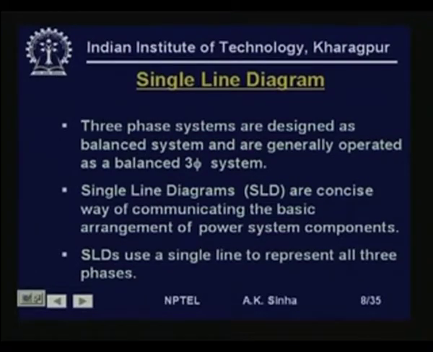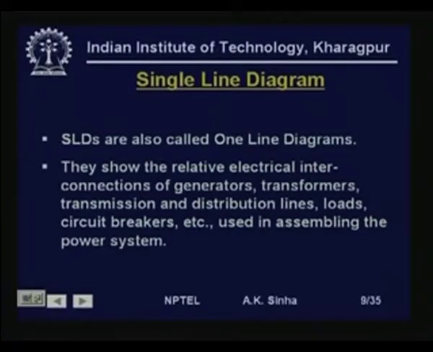As I said earlier, since the 3 phases are all of the same kind, having similar currents and voltages, we use a single line to represent all the 3 phases. Since we use only one line to represent all the 3 phases, single line diagrams are also called one line diagrams, and these diagrams show the relative electrical interconnections of various components such as generators, transformers, transmission and distribution lines, loads, circuit breakers, and all these components which go in to make the power system network.